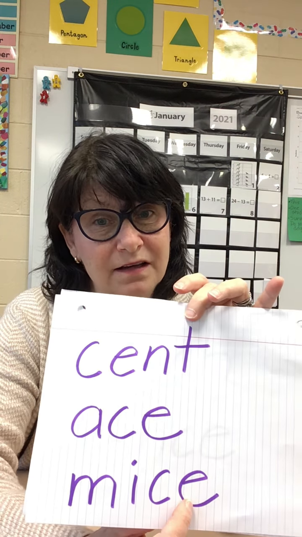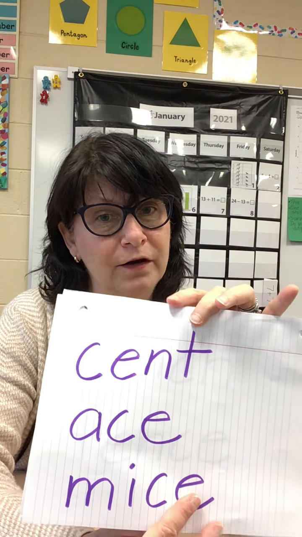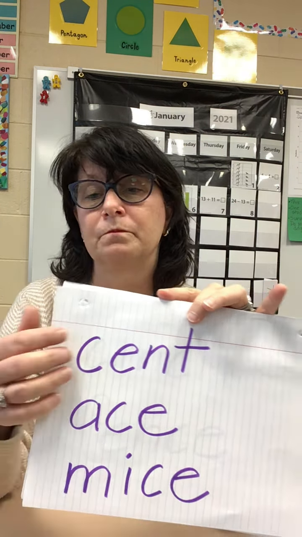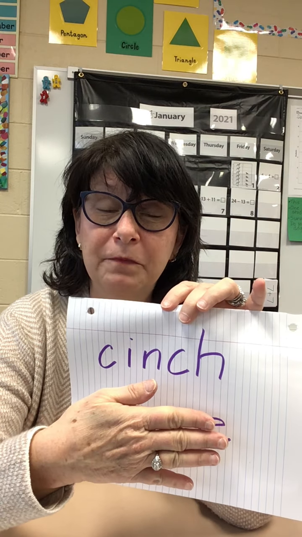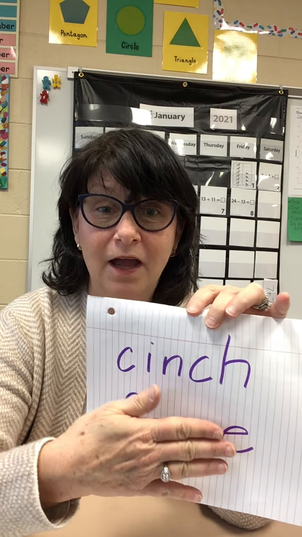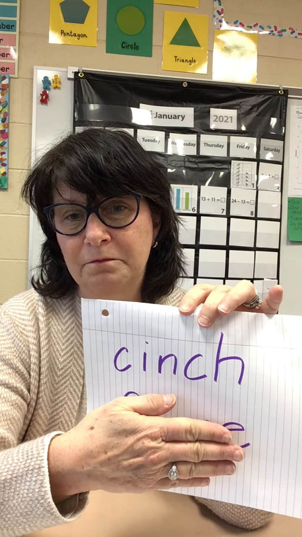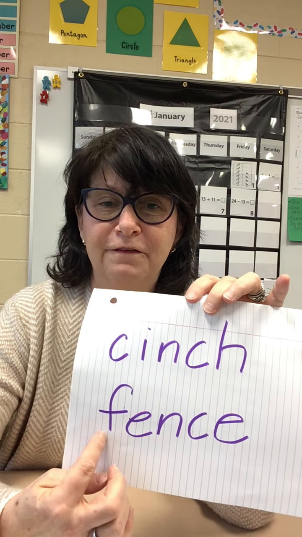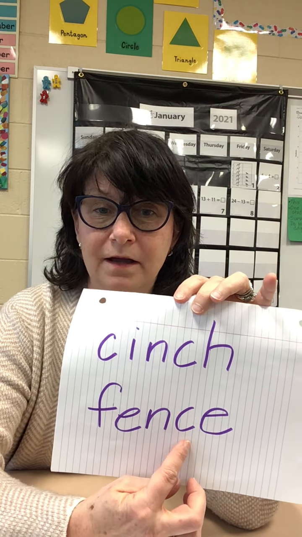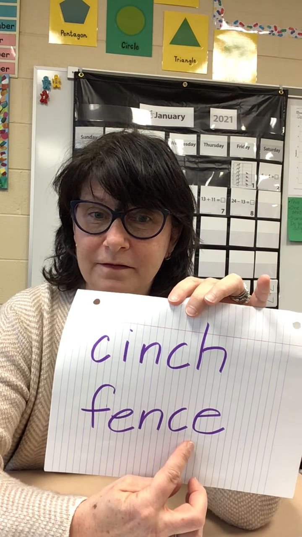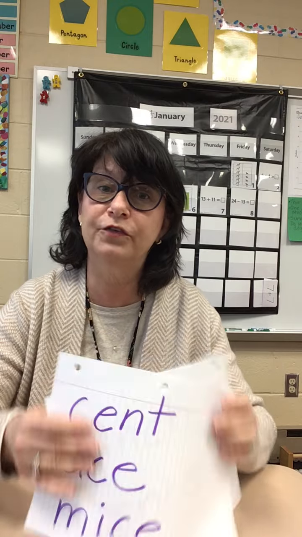And mice and the name Mike are very different. Cinch. When you think something is super easy, you might say, oh, such a cinch. Fence. Okay. Just wanted to show you those. Those are called soft C's.